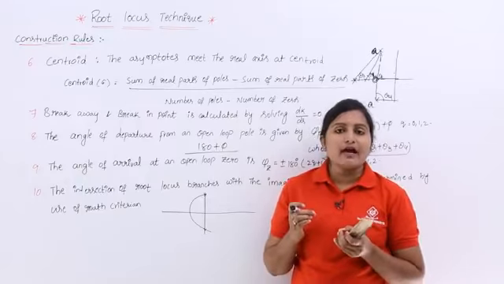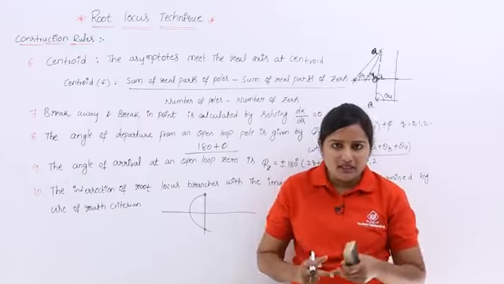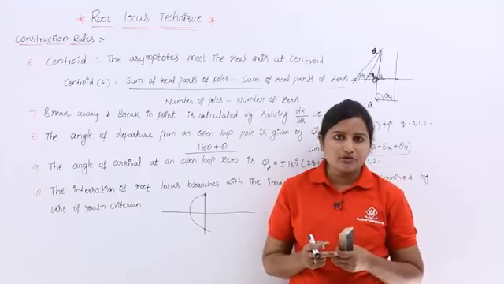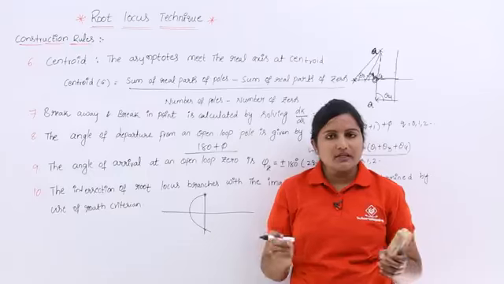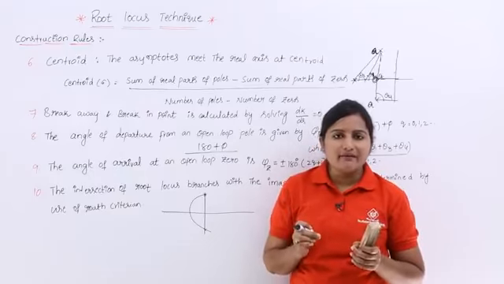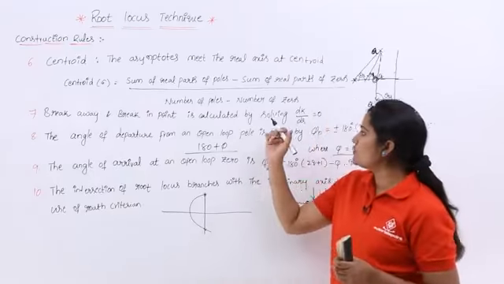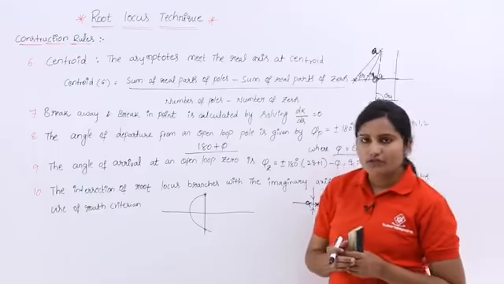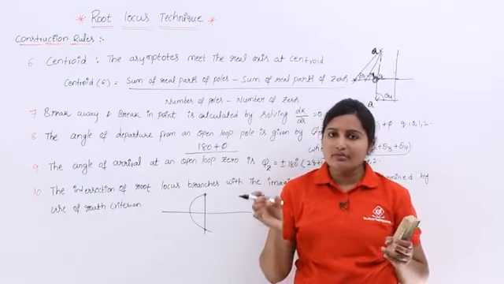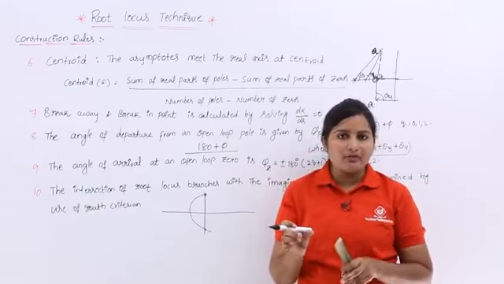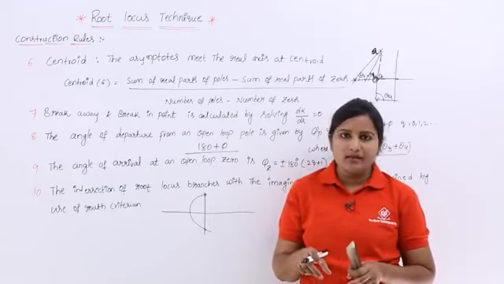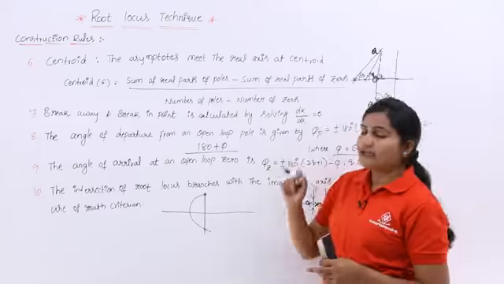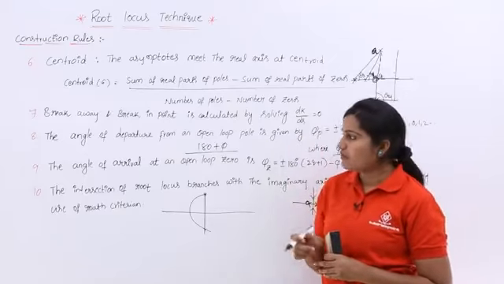After that you need to find out the centroid, that means the meeting point of those asymptotes on the real axis is nothing but the centroid. After that you need to find out the breakaway or break-in point by using dk by ds equal to 0. Always in between 2 poles you may have a breakaway point, in between 2 zeros you may have a break-in point. That can be calculated by using dk by ds equal to 0.